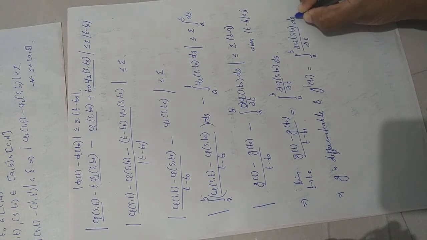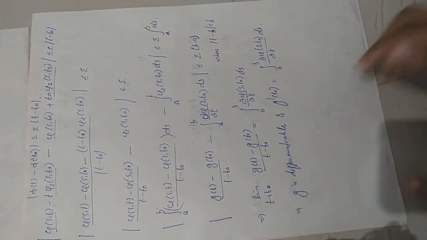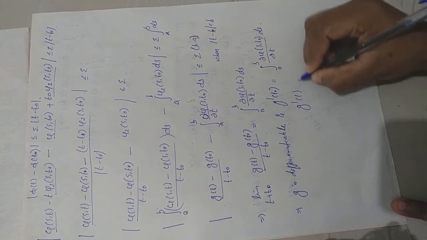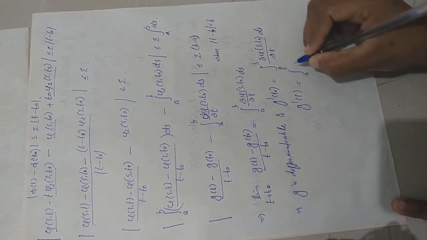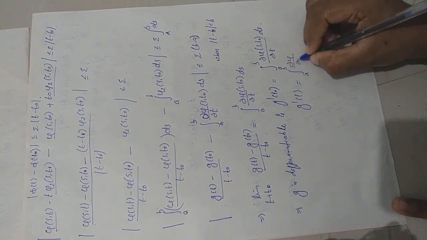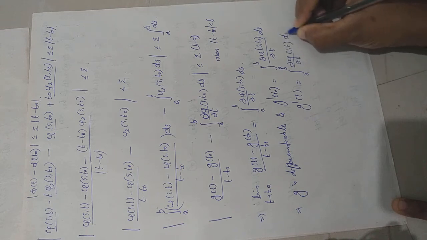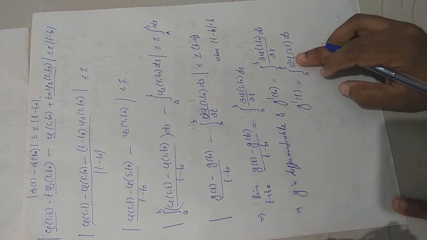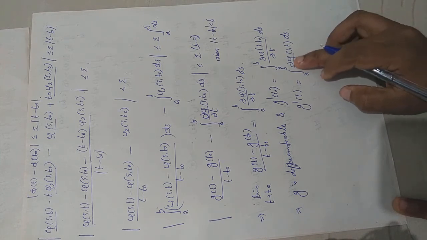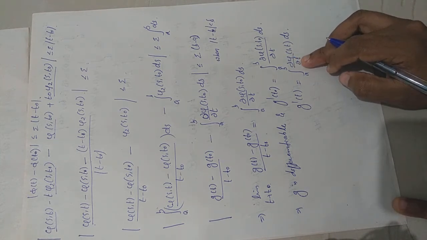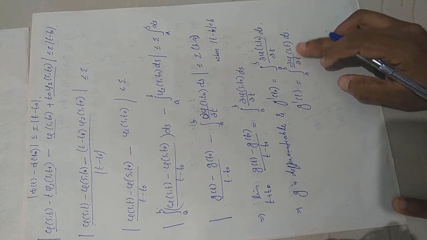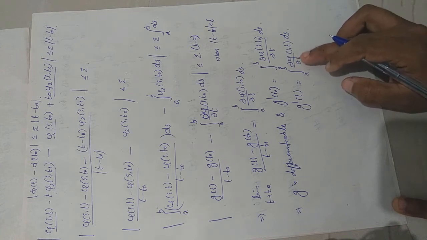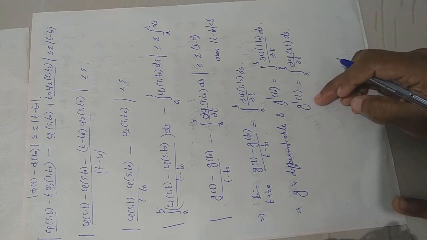In general, what is g of t? g dash of t is equal to integral dou psi by dou t at (s,t) ds. And we have assumed that dou psi by dou t is differentiable and its derivative is continuous. When it is continuous, this integral value is also continuous.